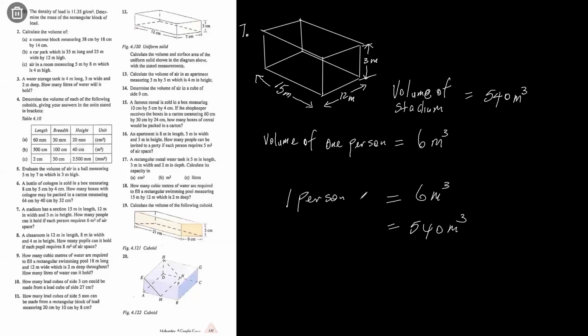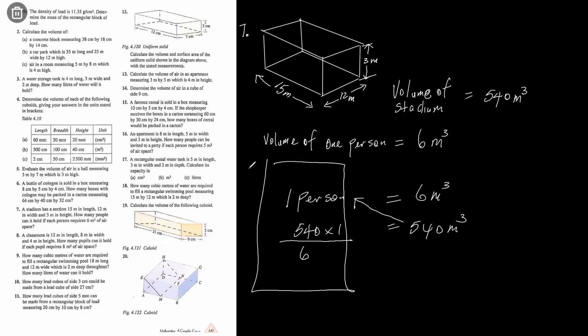So we have to cross multiply. So it's 540 multiplied by 1, divided by, and you're correct, divided by 6. So that will give me persons. On this side I'm dealing with persons. So how much is that? 90, sir.